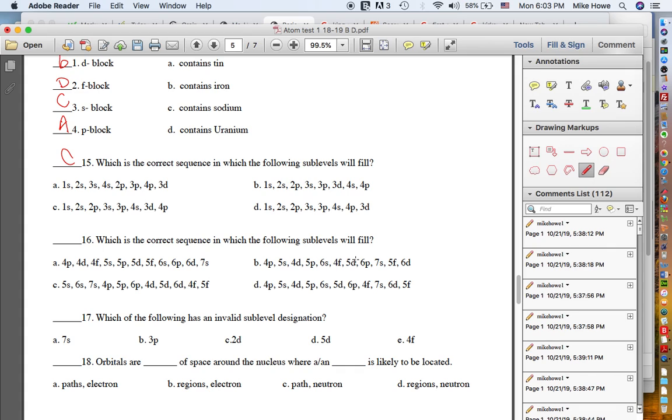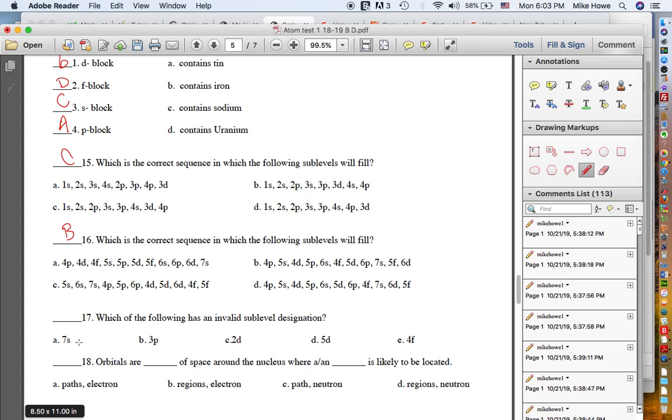Then 4f, 5d, 6p. This is the correct answer. So that's B. This one here, 5s, 6s, doesn't work because you got lots of stuff in between those. This looks reasonable. 4p, 5s, 4d, 5p, 6s, and after 6s is 4f, so 4f should be over here. That's why that one's wrong.